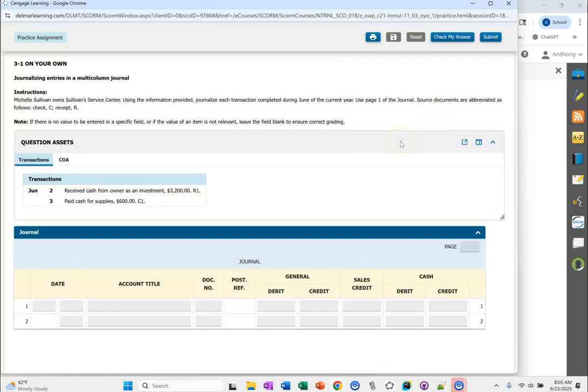So again, we're listed 2 transactions and we're given our ledger to fill in. Marcelino's letting us know to make sure we do the page right away, so that'll be page 1. The first transaction, what should I fill?